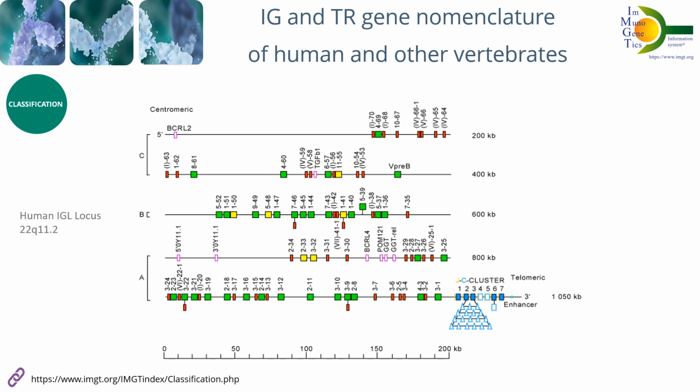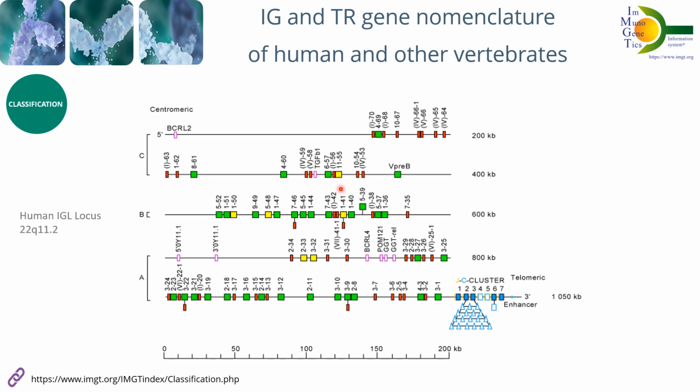We will illustrate the concept of classification with the scientific criteria used to classify immunoglobulin and T-cell receptor variable genes. Here is shown the map of the human immunoglobulin lambda locus. All rectangles in red, green, and yellow correspond to variable genes colored according to their functionality, as we saw in the previous slide.